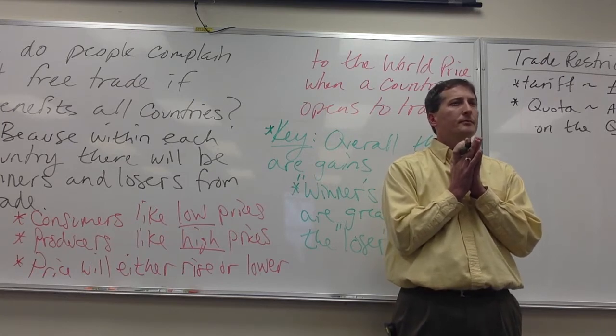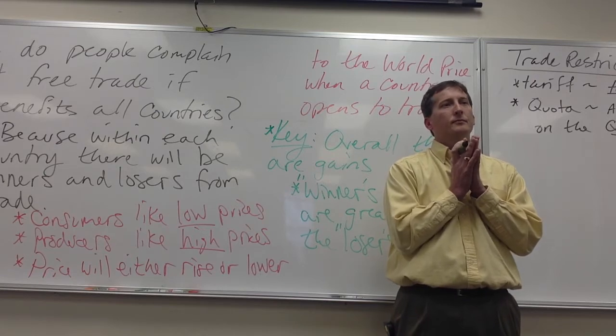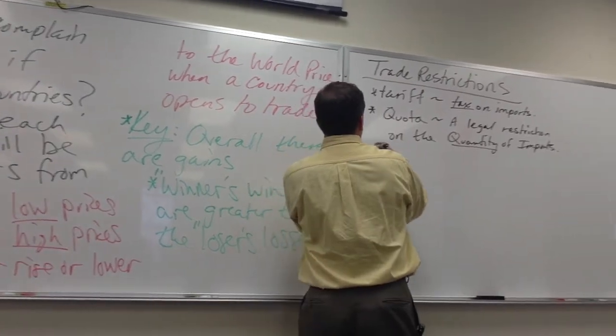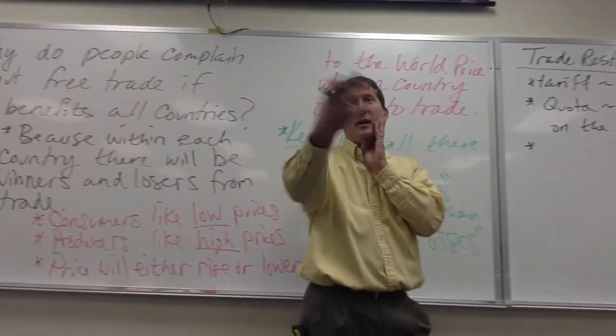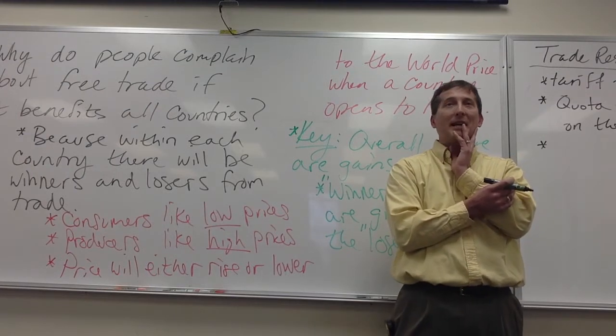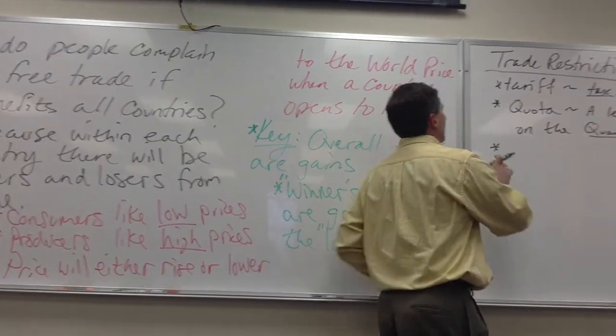Well, I don't know if there's a technical term for it, but like if a country refuses to trade with another country for like diplomatic reasons. Okay, good. So yes, if we don't agree with communism, right? So we've had a trade embargo. We're just not trading with Cuba, for instance.